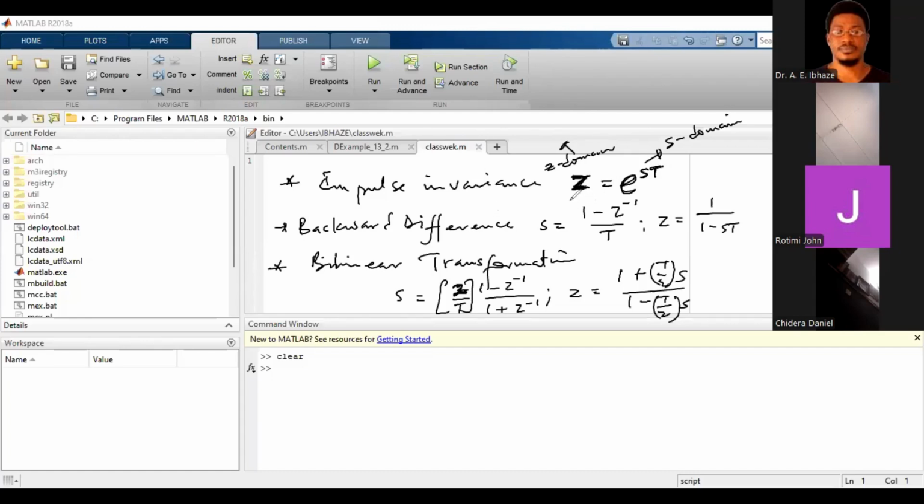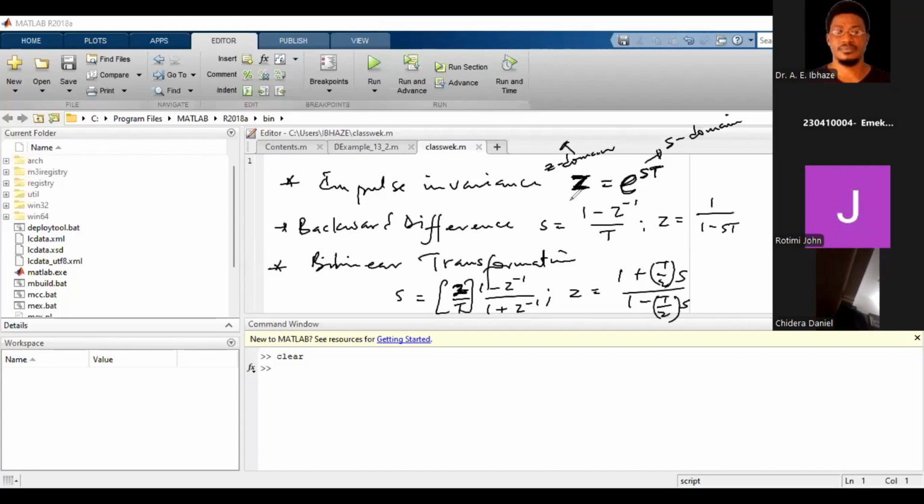With your Fourier transform, Z transform, and Laplace transform, we are moving either from frequency domain to time domain or from time domain to frequency domain, right? But if you look at the impulse invariance, the backward difference, the bilinear transformation, we're actually moving from the discrete time to the continuous time domain, or from the continuous time domain to the discrete time domain.